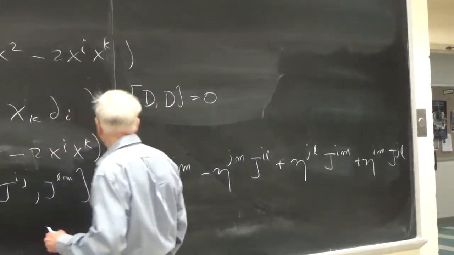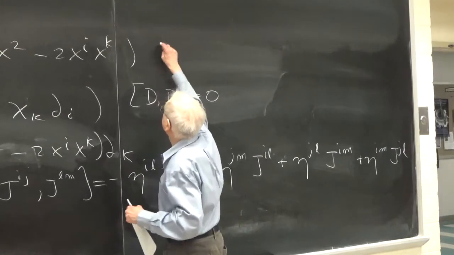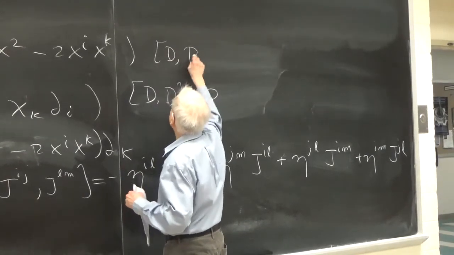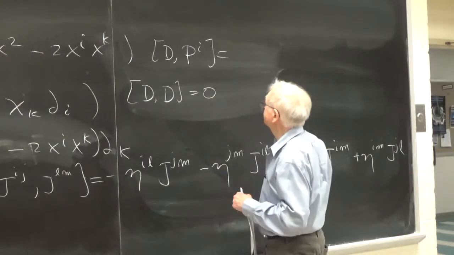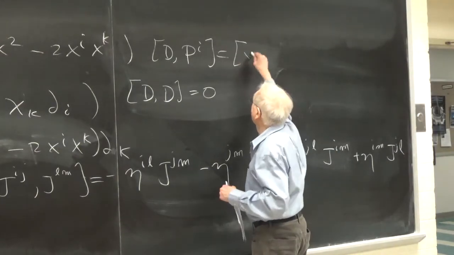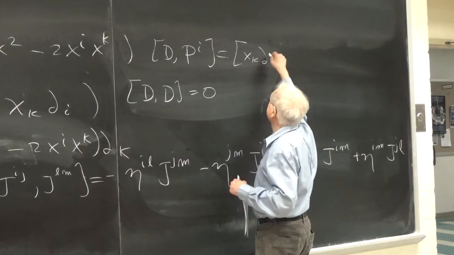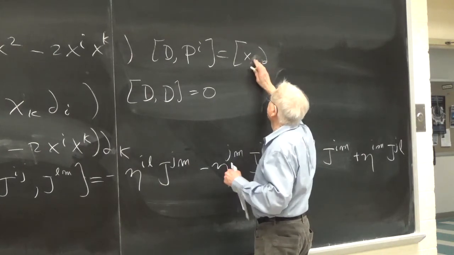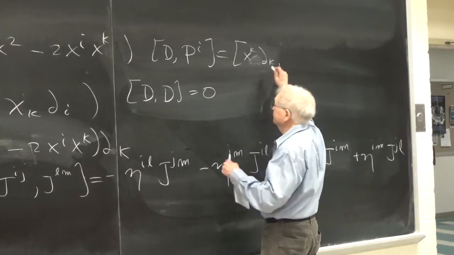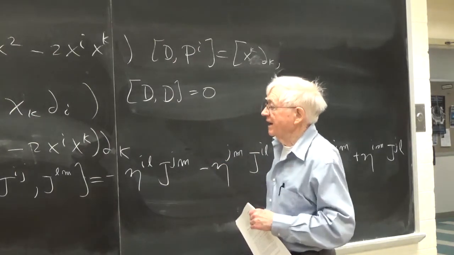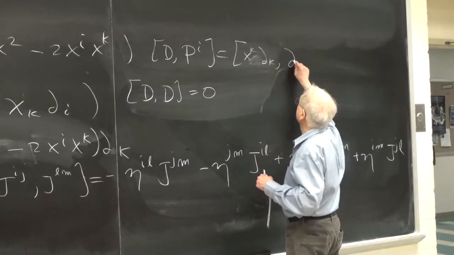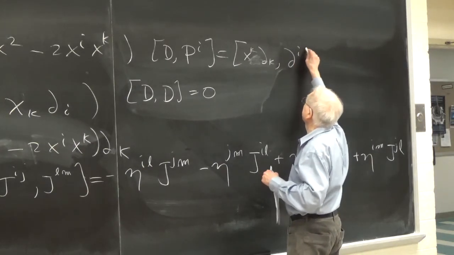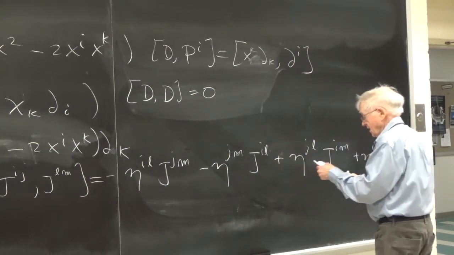Let's do D with P. So D is, let us say, x^k d_k, and P, of course, is d^I.